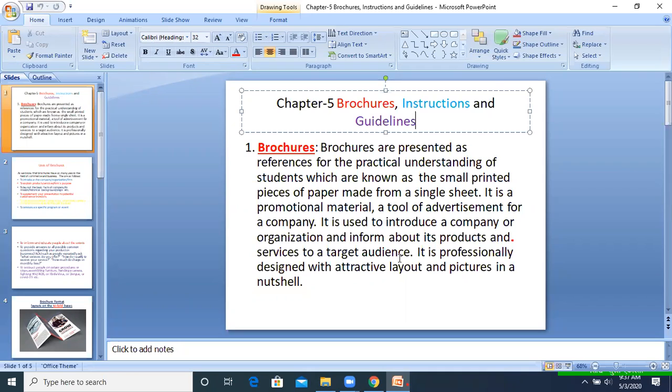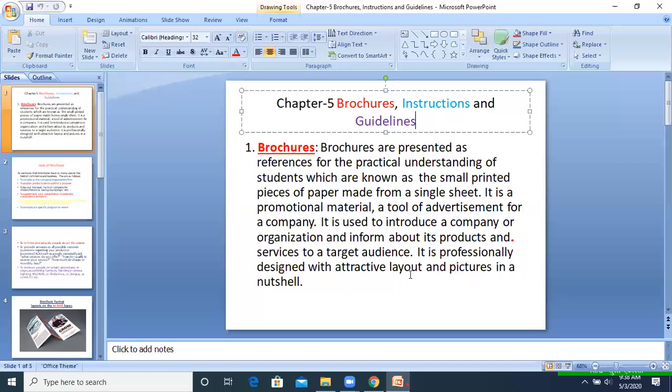It is professionally designed. Professionally means in an occupational way. It is made with an attractive layout, meaning an attractive cover and pictures, in a nutshell, in a clear-cut way. Especially, how does the brochure look?